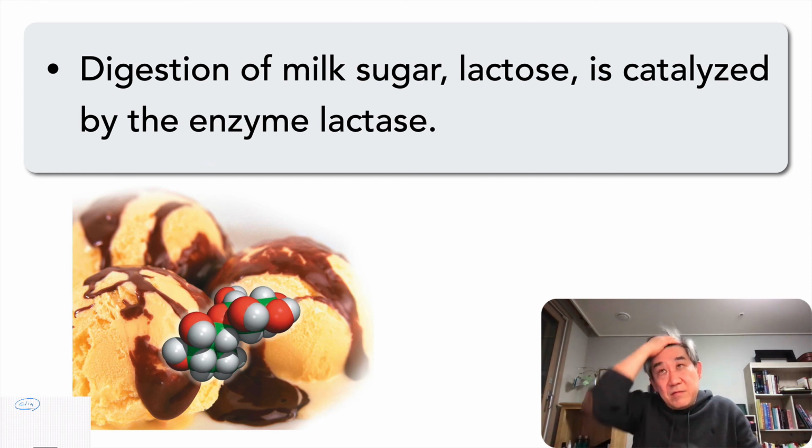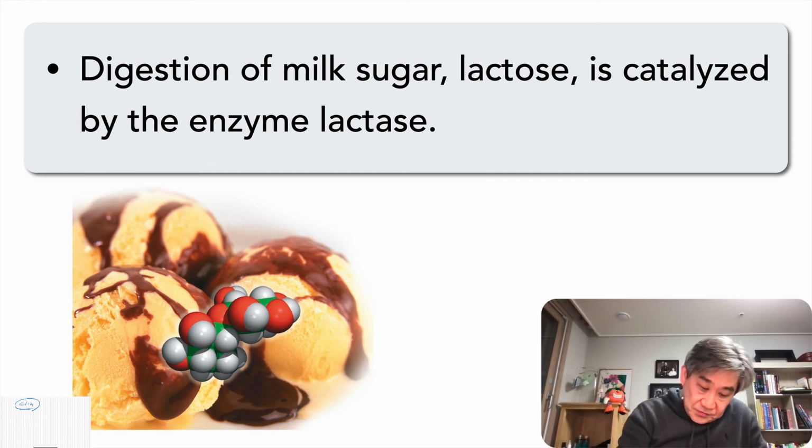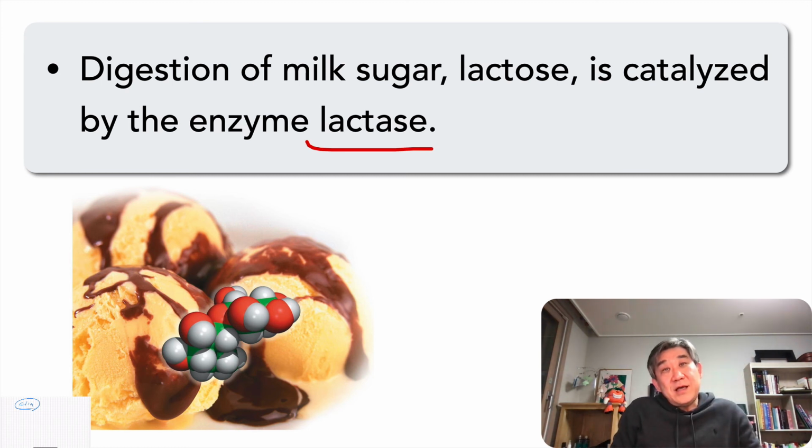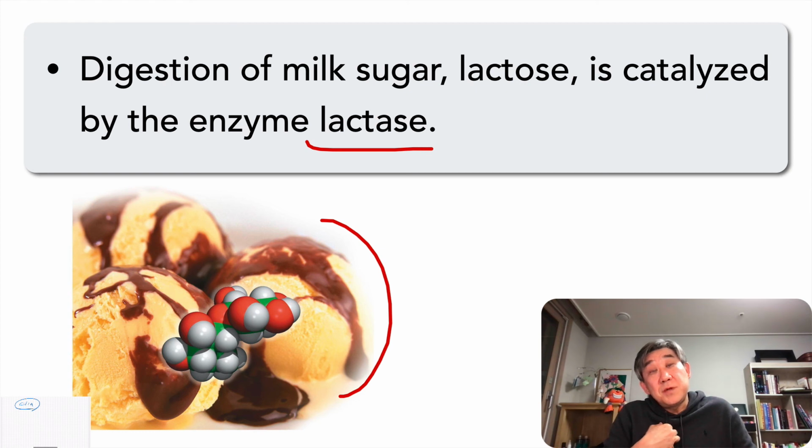Here, the enzyme lactase is responsible for allowing us to digest dairy products and milk-containing products like milk and ice cream. So this is very important for me personally. I'm a person who is crazy about ice cream.